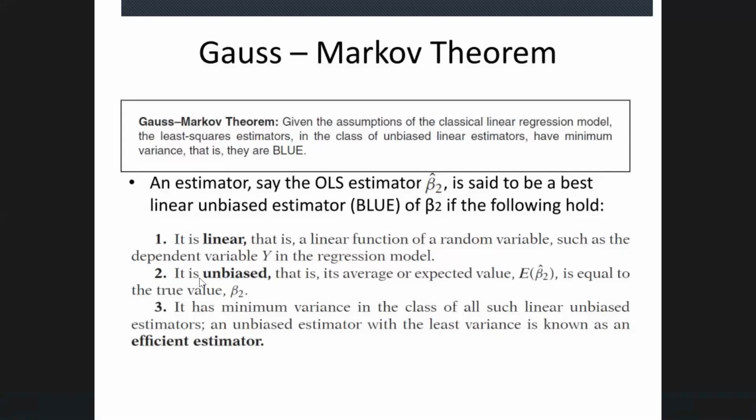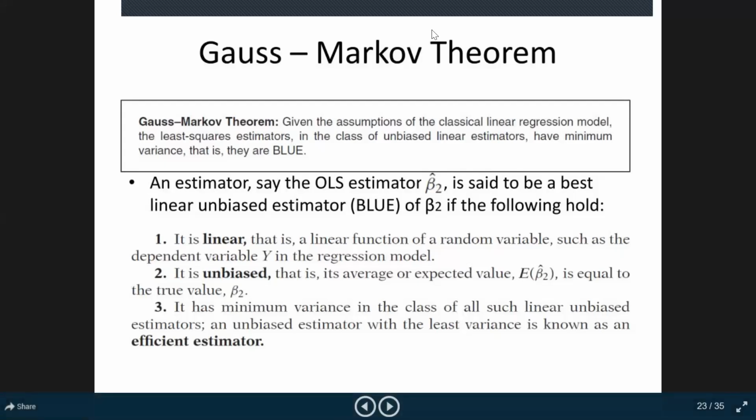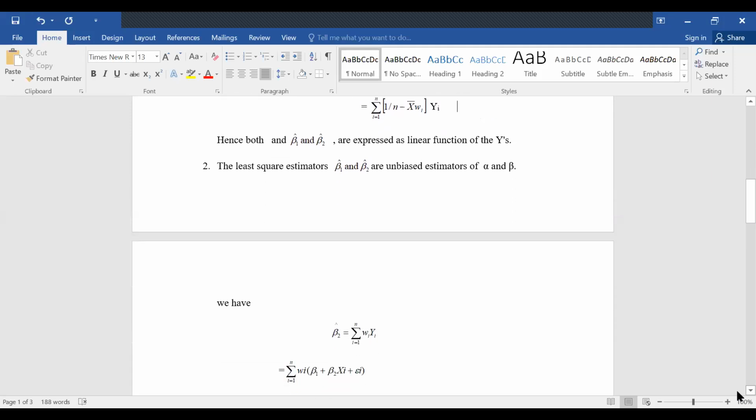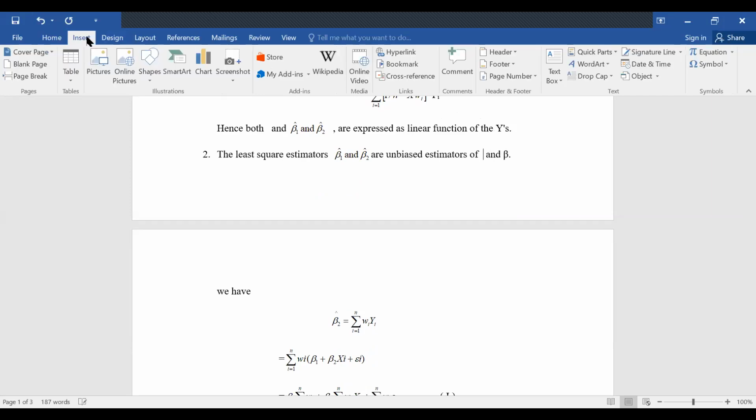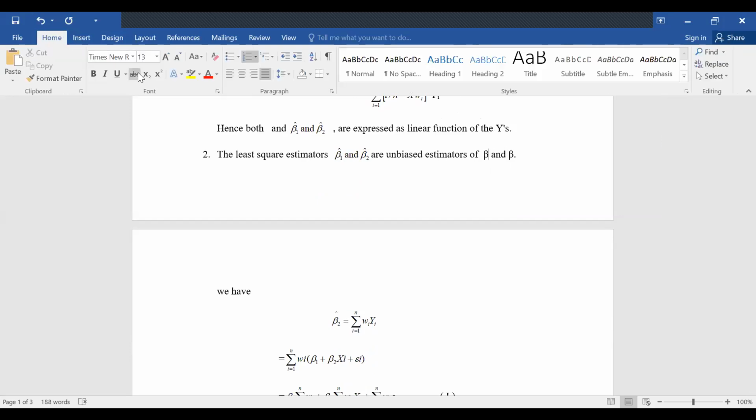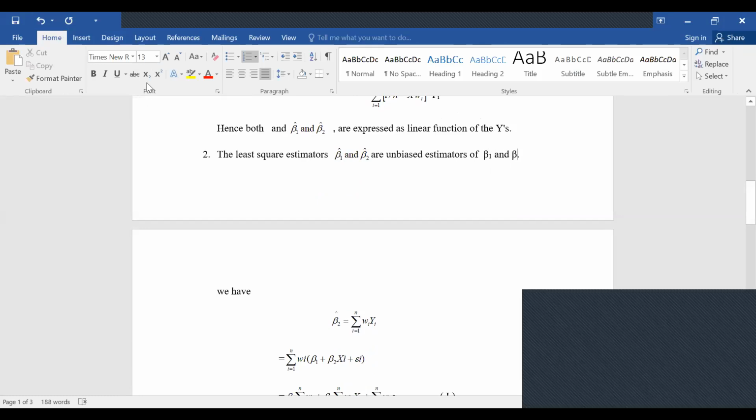Second, it is unbiased. So let's start again. The property number 2 of the OLS estimator, or of the Markov theorem, is that the least square estimators beta 1 hat and beta 2 hat are unbiased estimators of alpha and beta. This is actually beta 1 and the second one is beta 2.